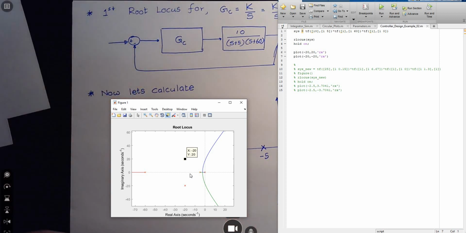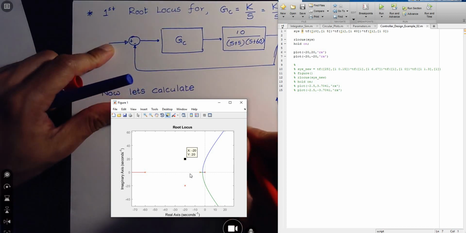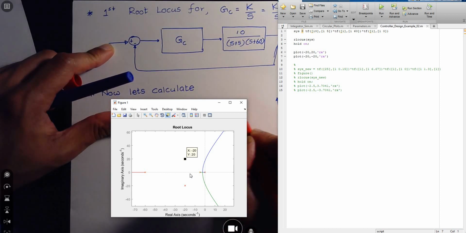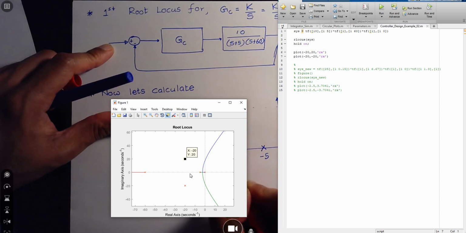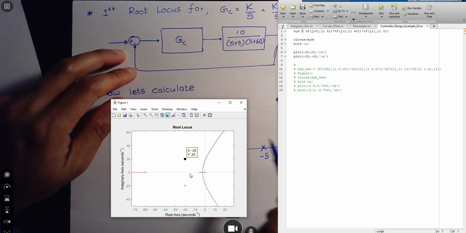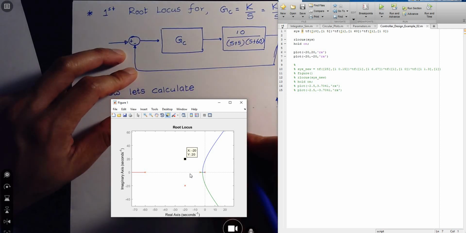Okay, and then we have the desired response characteristics at 20 and -20, right? And this might not be round numbers for you, but in this case they are. So what we do is we choose one.